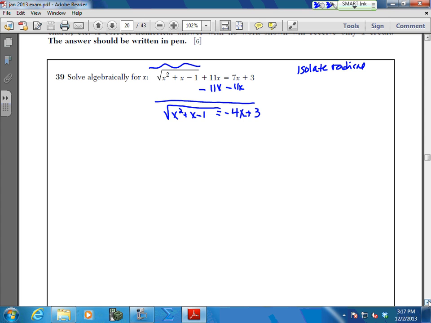Now, when you want to undo your radical, you square, and you square this side as well. This has to be FOILed out. There is no shortcut to doing that. So you have to FOIL that out.